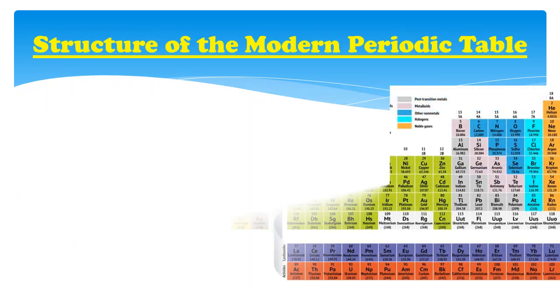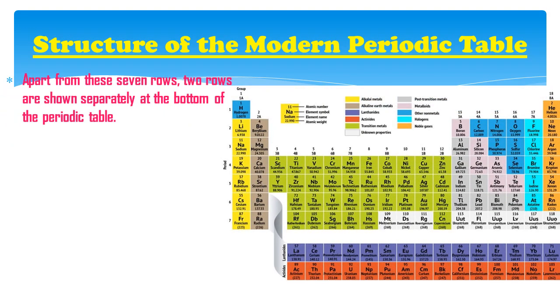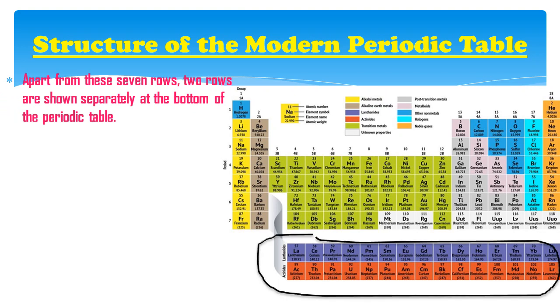Alright, so students, apart from these 7 rows, 2 rows are shown separately at the bottom of the periodic table. These are the lanthanide series, the purple elements, and below it the red colored elements, which are the actinide series.